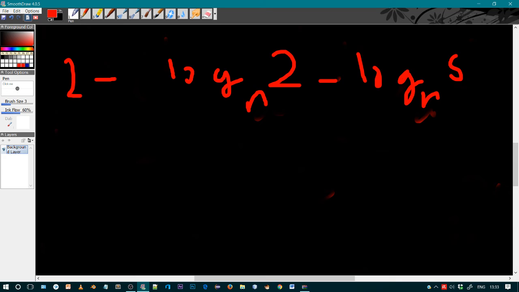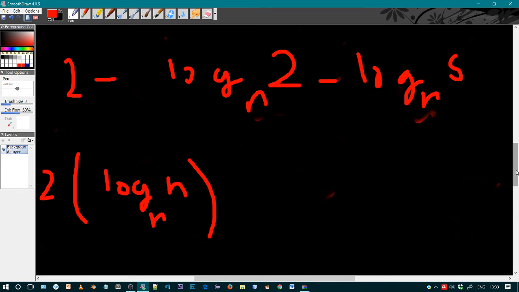In order to apply the division rule, we have to convert this into an expression which involves log base n. How can we do that? Well, we'll put 2 outside and put log base n of n.